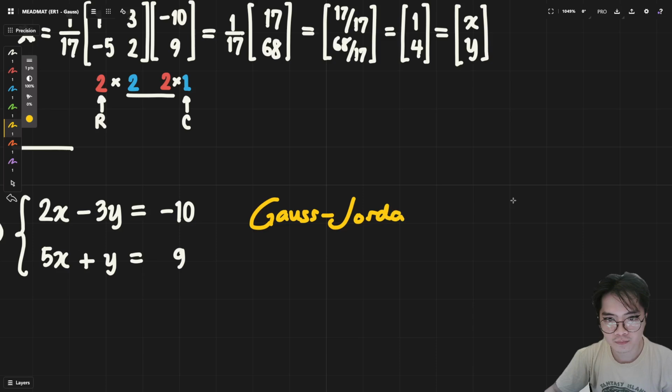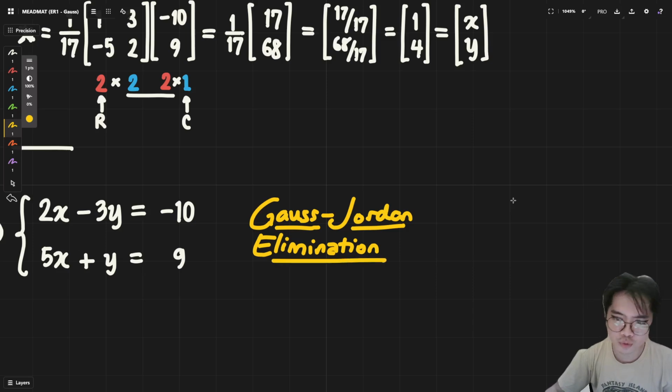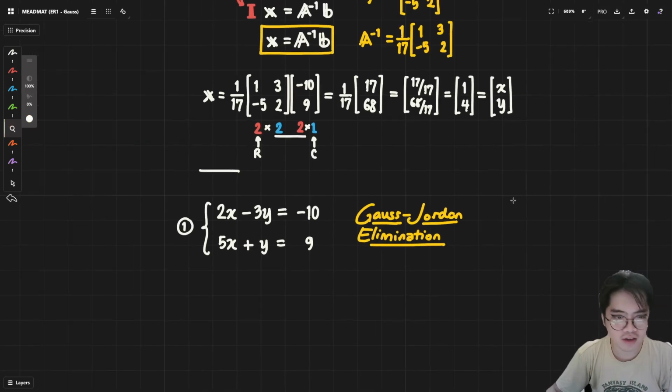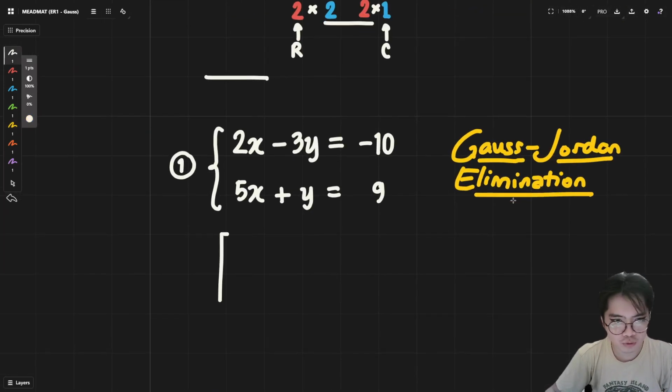This is for those of you, which is everyone, who do not want to create the inverse of a matrix. Very understandable that we want to just create the matrix and then have it be solved from there.